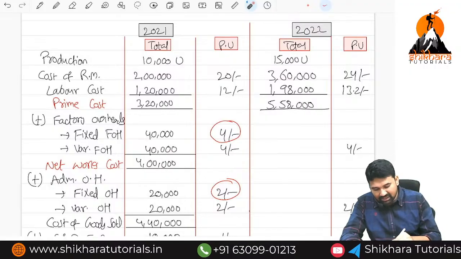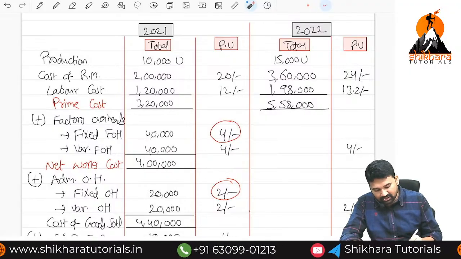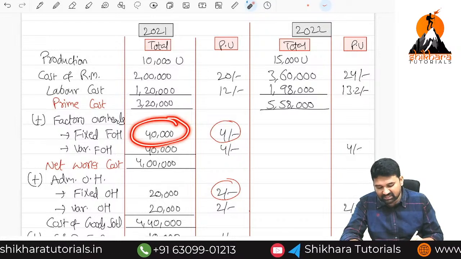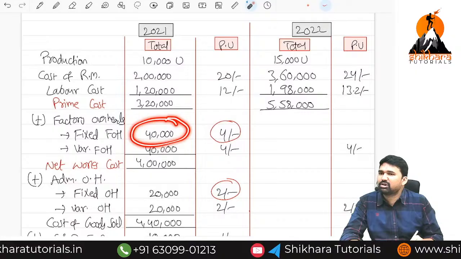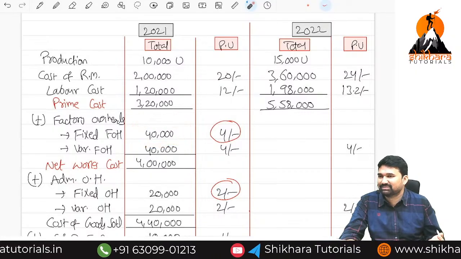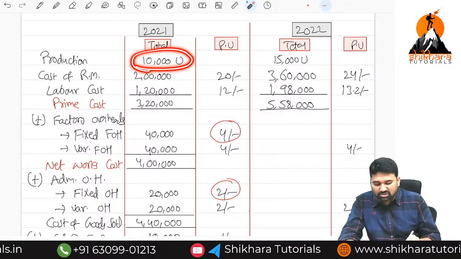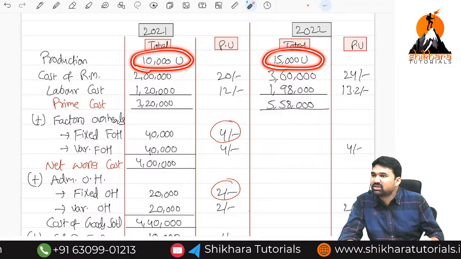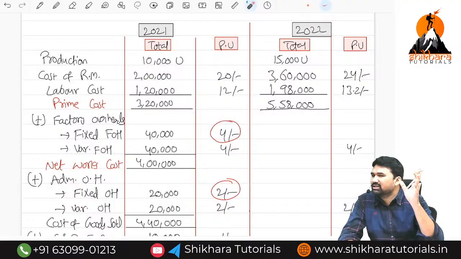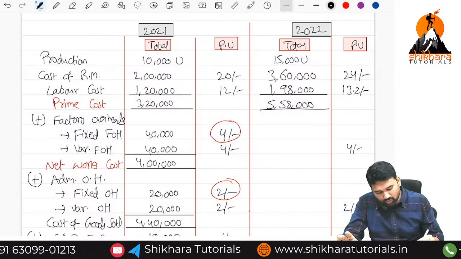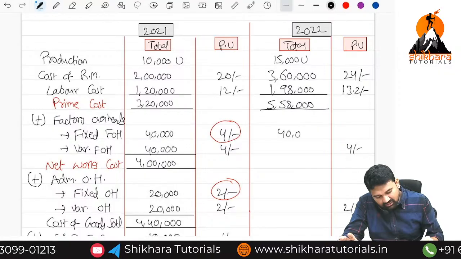After that, listen. This is fixed overheads, right? Fixed overheads are always fixed. Either for 10,000 units or for 15,000 units, it will not change. So that is why we have to add 40,000.